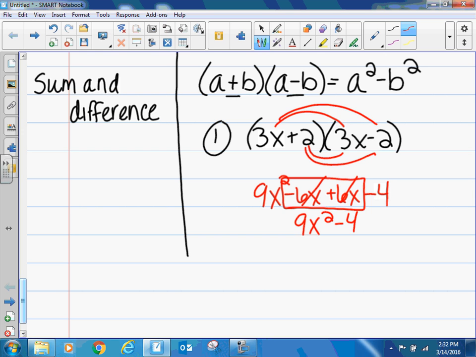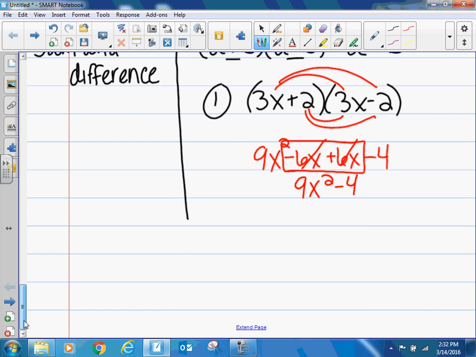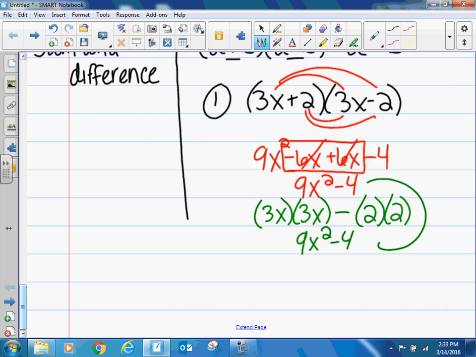And that's the rule. You can just square your first terms, so 3x times 3x, and that's minus your last terms, 2 times 2, and we would have got 9x squared minus 4. And you get the same thing. So if for some reason you forget this pattern, you can go back to the original of just squaring the first terms and squaring the last terms.